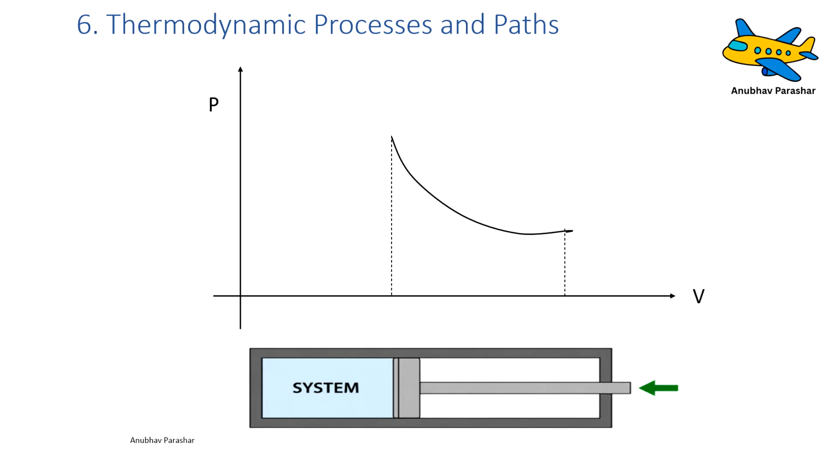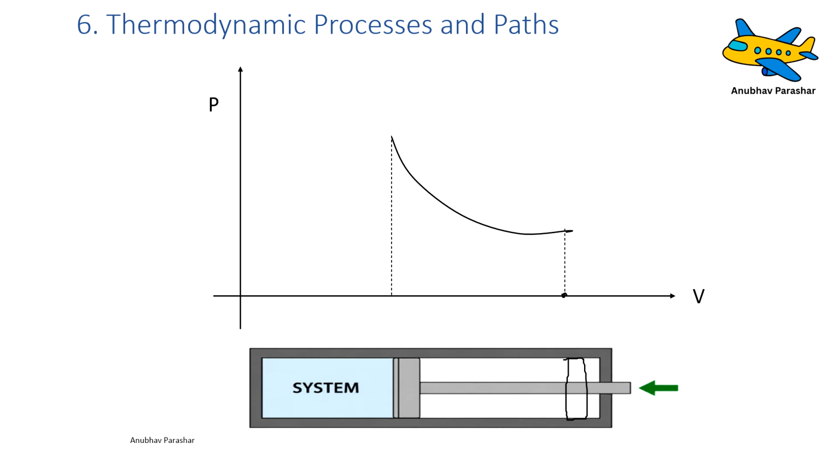Now, what happens if the equilibrium of a system changes? Let me consider this piston-cylinder arrangement. Let me say the piston was initially at this position. When the system was at this position, the entire cylinder was occupied by the gas.